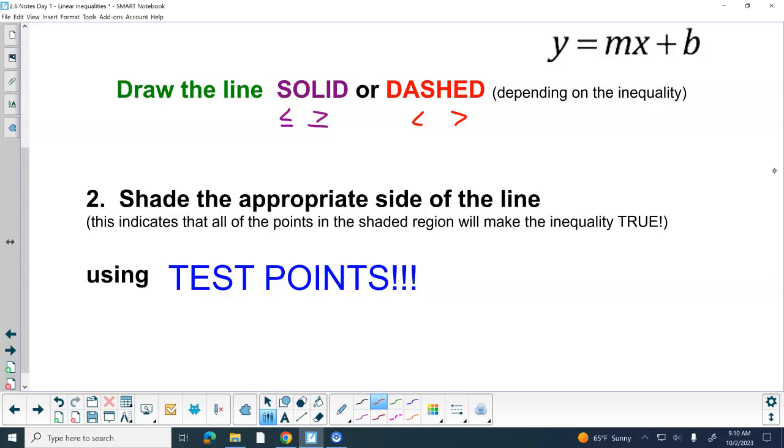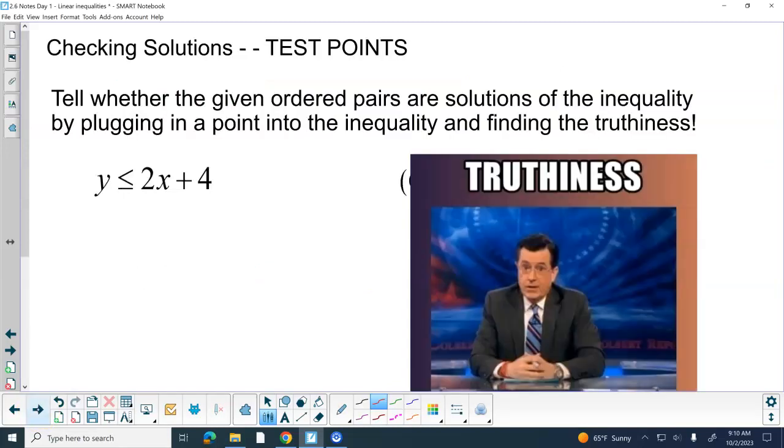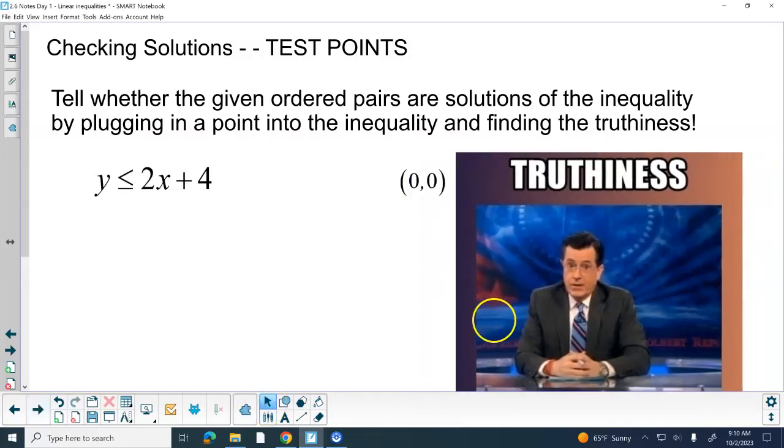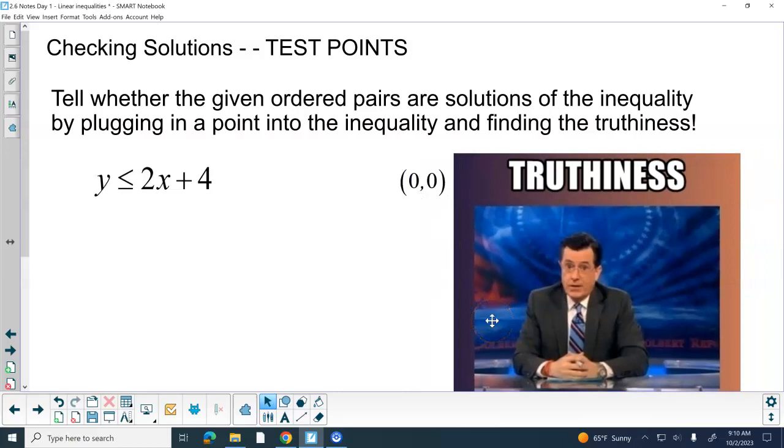Okay? So let's look a little bit at that test point. Okay? So here is my equation. y is less than or equal to 2x plus 4. Okay? I want to figure out the truthiness on the origin. We'll do the origin first. Okay?